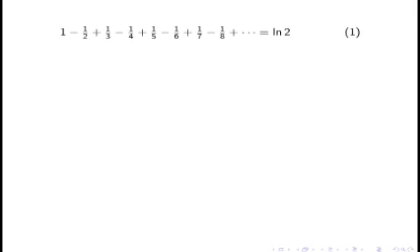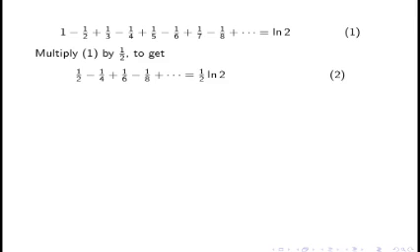If you look at the alternating harmonic series, 1 minus a half plus a third minus a quarter and so on, when you take that sum, it turns out that it's equal to ln of 2. Now let's multiply.